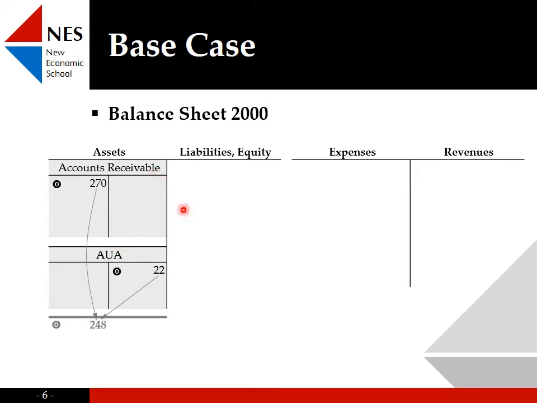So in case we are interested in the net amount of receivables at the end of year 2000, we need to take 270 and subtract the 22. We get the number 248. To make the books balance, we can record the 248 in contributed capital.